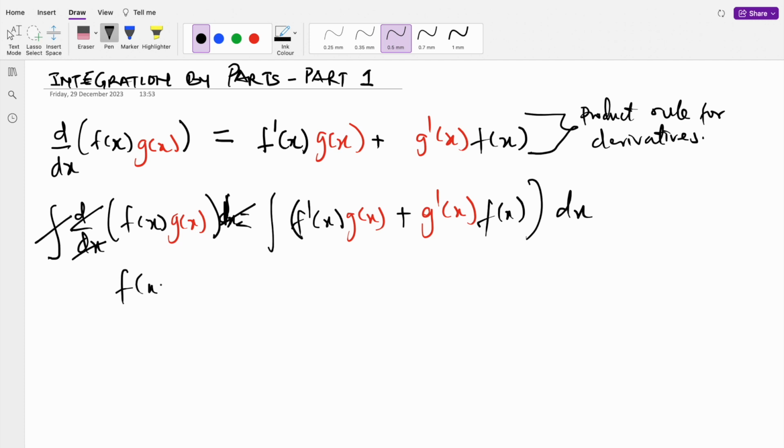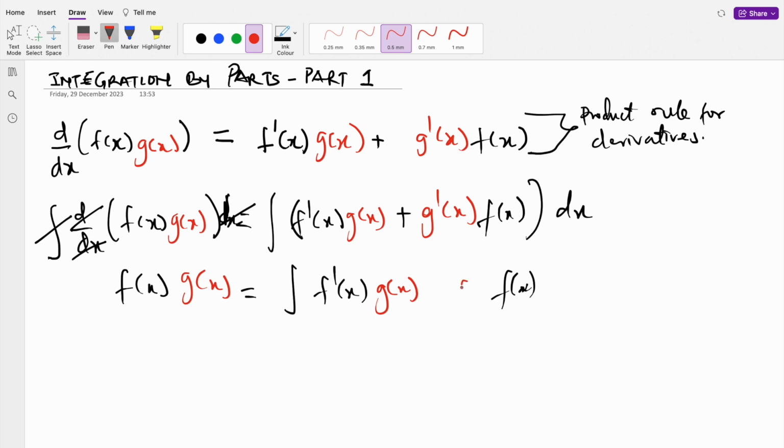Then you have your f of x g of x equals the integral of f prime of x g of x plus g prime of x f of x.